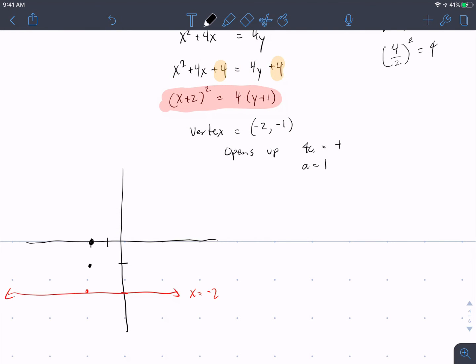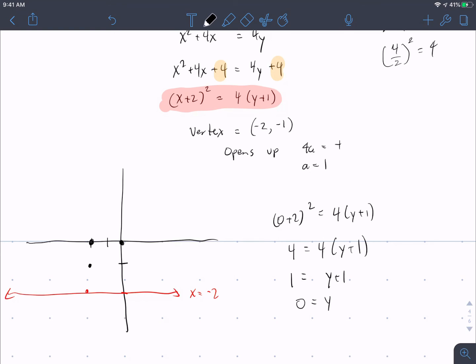And so I'm going to plug in 0 for x. So I'm going to go (0 + 2)^2 is equal to 4 times the quantity (y + 1). So I'm going to get 4 is equal to 4(y + 1). And that's going to give me 1 is equal to y + 1, so y is equal to 0.